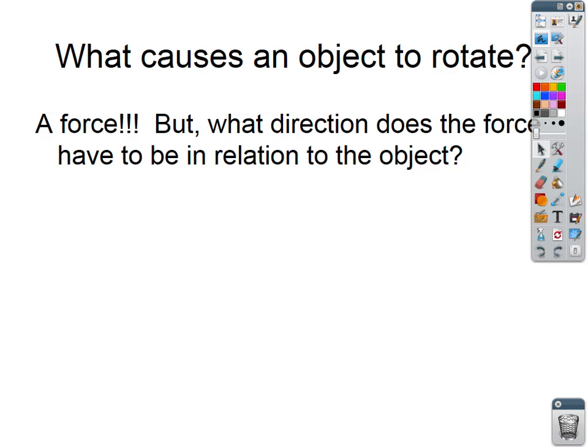So I need to look at what direction I am going to apply this force in relation to what. A force alone won't make an object rotate. It's needed to make it rotate, but so is another part, in terms of how it gets applied.